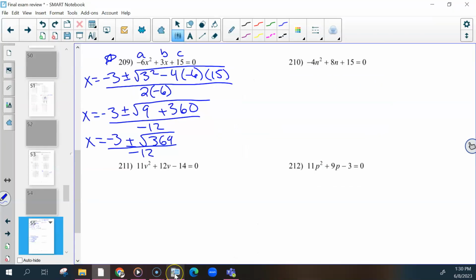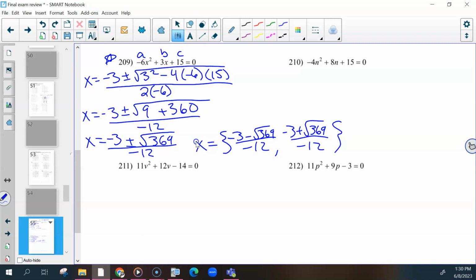It is not. So in this case, you're still going to split it. But you would just write it as negative 3 minus the square root of 369 over negative 12, and negative 3 plus the square root of 369 all over negative 12. And that would be it. You wouldn't need to keep simplifying. Other questions on this page?